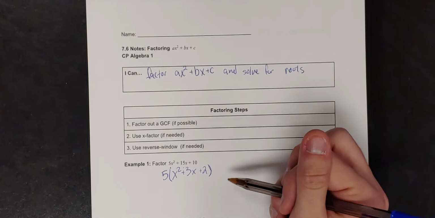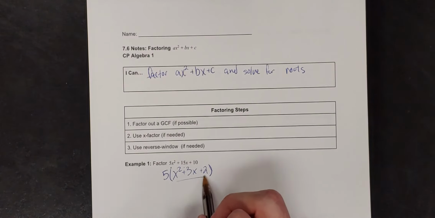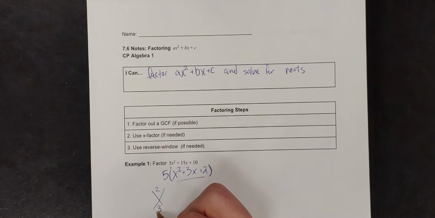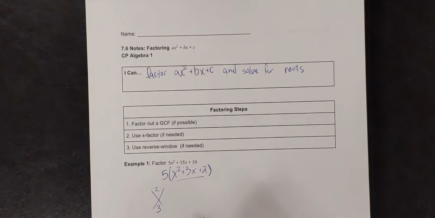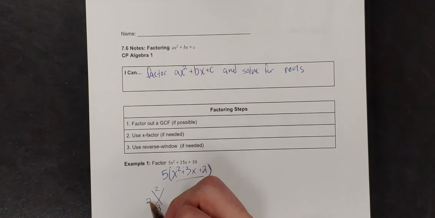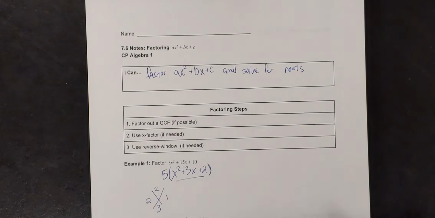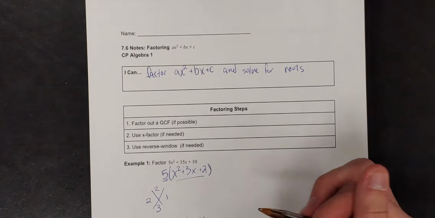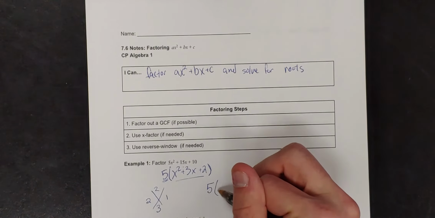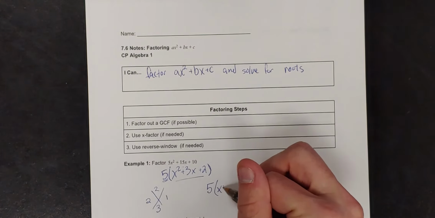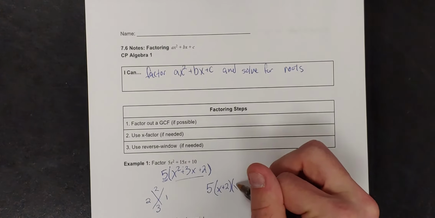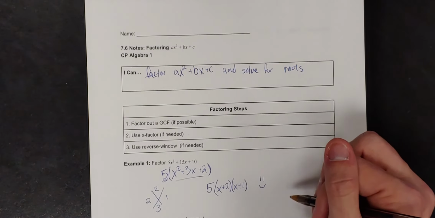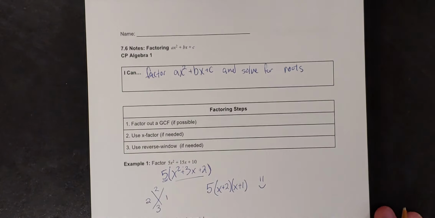Once I do that, I can use what's inside in my x: multiply to 2 and add to 3. Hopefully you figured out it was 2 and 1. We still need to keep this 5 around. It doesn't really affect the problem, but we need to keep it around when we factor. So 5 times x plus 2 times x plus 1, and that gives us the answer to our first problem.